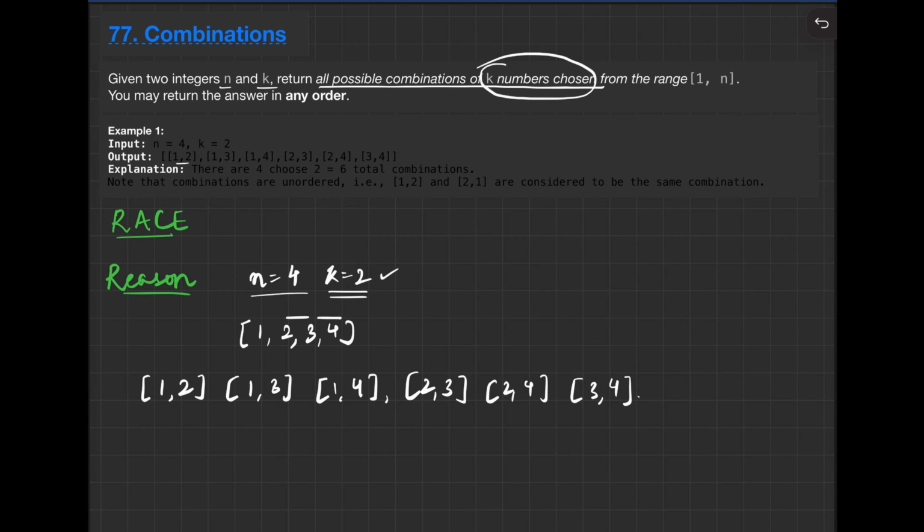In other words, we can visualize the first element as i, which chooses its value from 1 to n minus 1, so in this case 1, 2, 3. And j chooses its value from i plus 1. If i is 1, j is 2, which is i plus 1. So j chooses its value from i plus 1 all the way up to 4.